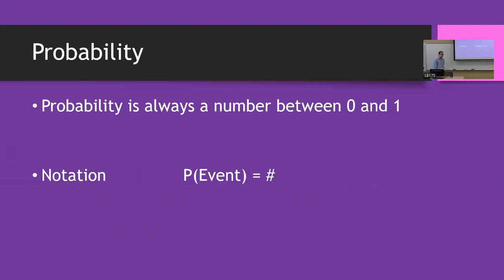And in order that we don't have to write the words probability of this happening out over and over and over, we use special notation where we write a capital P and then, in parentheses, the event. That means the probability of the event happening is equal to whatever the number is.